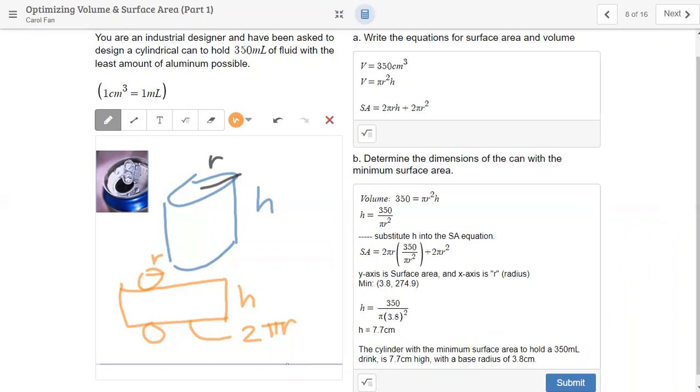So once again, what we did here, we wrote the equation that we have our constraint for, and then we wrote our second equation. Then we rearranged it and substituted it in for our second equation. We put it into our graphing calculator to see what was the maximum or minimum, and then we solved for the missing variable. Then we have the whole dimension.